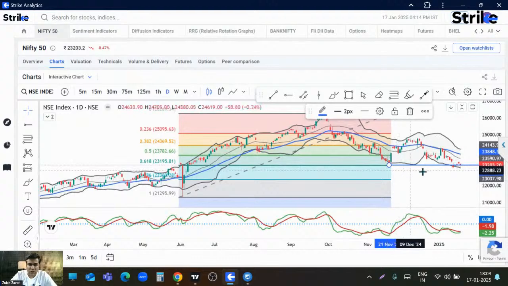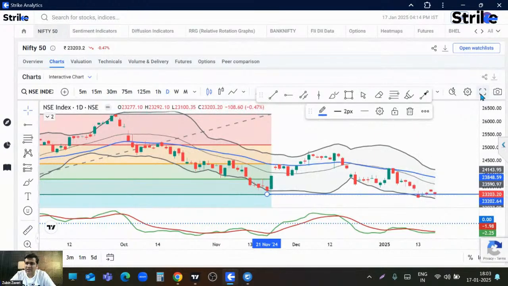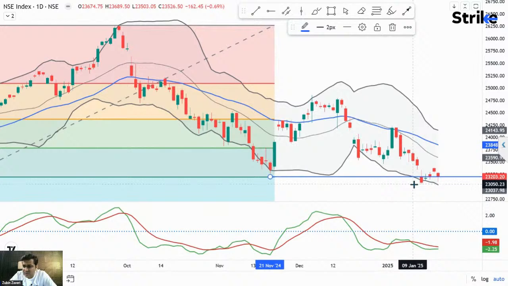So 23,200 is a good support, and again below that is 23,000. Let me just zoom in over here. On 13th January, the low is somewhere near 23,040. So this low, 23,000, is a support level for Nifty on this daily chart.